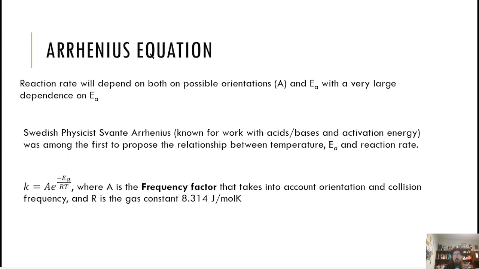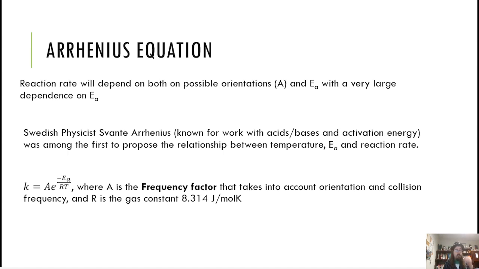And so our equation is k, our rate constant k, equals the orientation factor A times the exponential, that's the special constant e, the inverse natural log, raised to the power of negative activation energy over RT. So the rate constant k takes into account the orientation factor and the activation energy, which is dependent on temperature. So as long as the reaction is done at the right temperature, k is essentially constant.